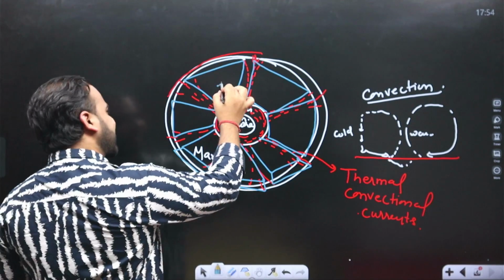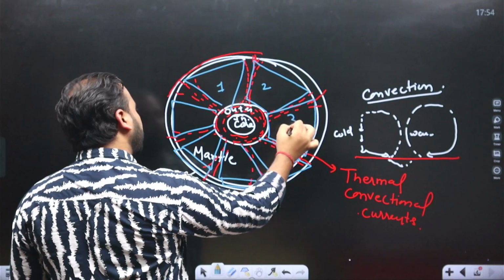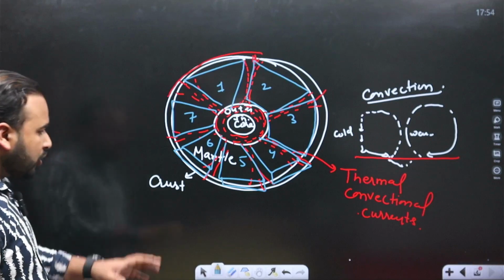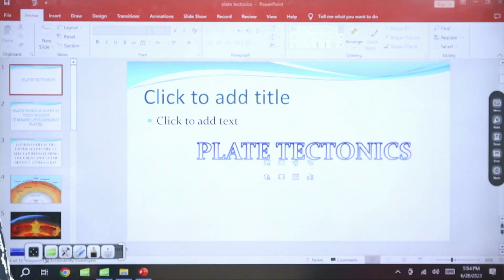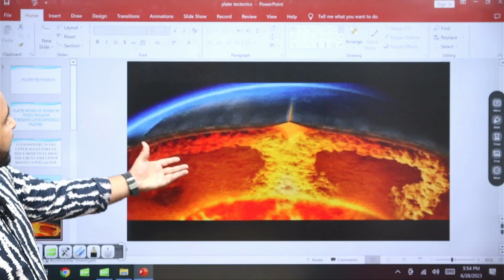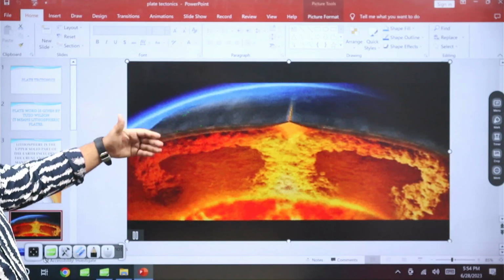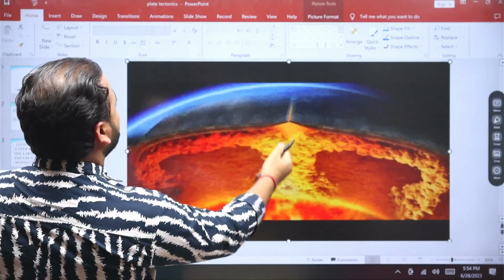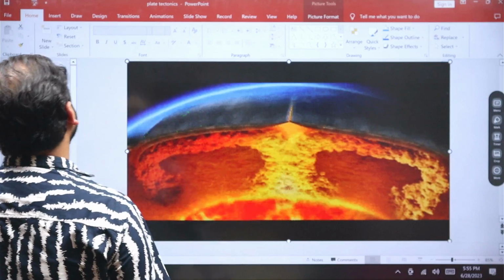And there are seven major plates: 1, 2, 3, 4, 5, 6, and 7. To know about the actual image of this, we can see this example. In this, we can see the amount of energy exerted from the outer core.